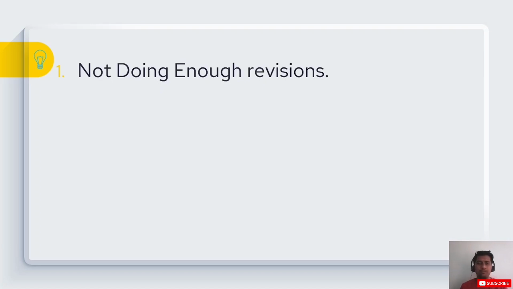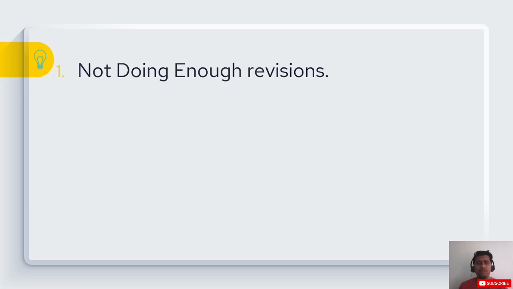So if you ask me how much revision is required, there is a first end-to-end detailed study of the study material. After that, you need to give at least two revisions, and there should be a third revision only for the content which you are still facing difficulty with while solving the quizzes.